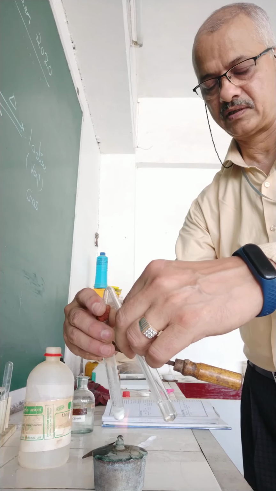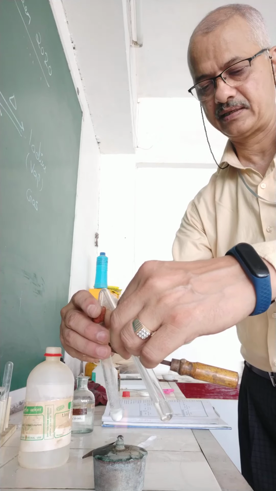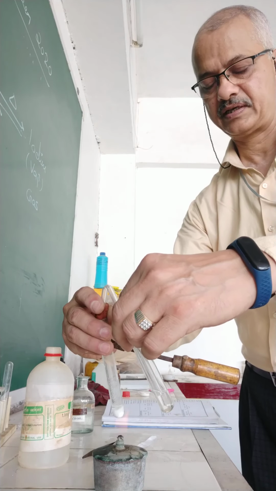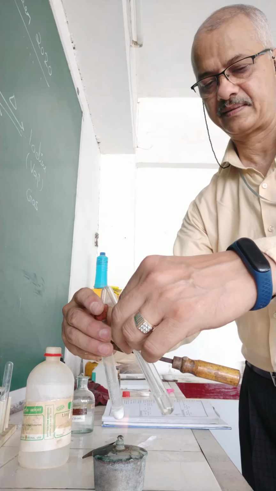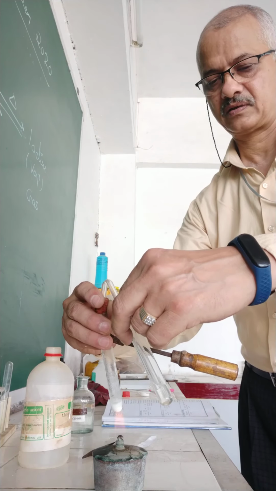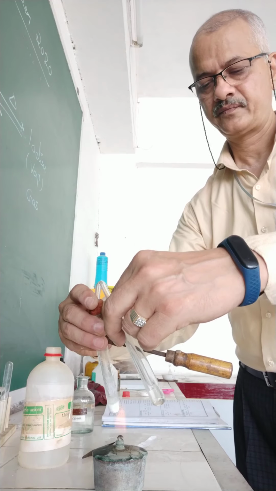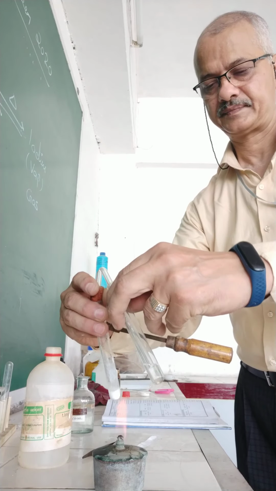So when we add sulfuric acid, a lot of effervescence is formed. It means that some gas has evolved. I must add a few more drops of sulfuric acid because it is showing no result on passing it through this.